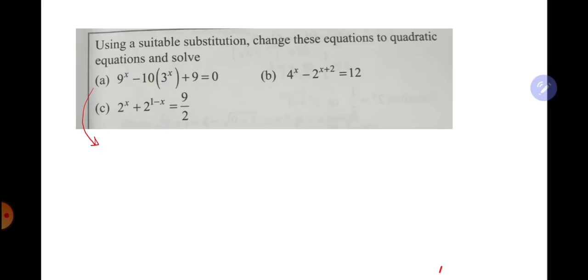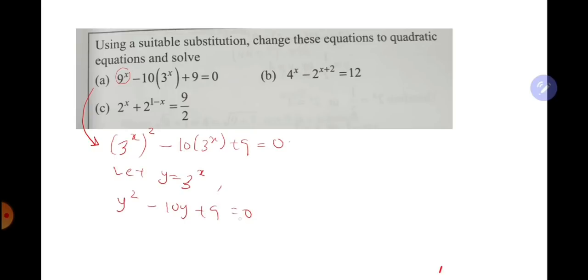So kalau nak jadikan quadratic equation mesti ada macam y power 2, kan, but you look at this one, yang ni you boleh tukar as 3 power x power 2, betul tak? Okay, so nanti you akan ada y kuasa 2 minus 10y plus 9 equals to 0. So let y equals to 3 power x. Okay, so you're gonna get this equation as y squared minus 10y plus 9 equals to 0.